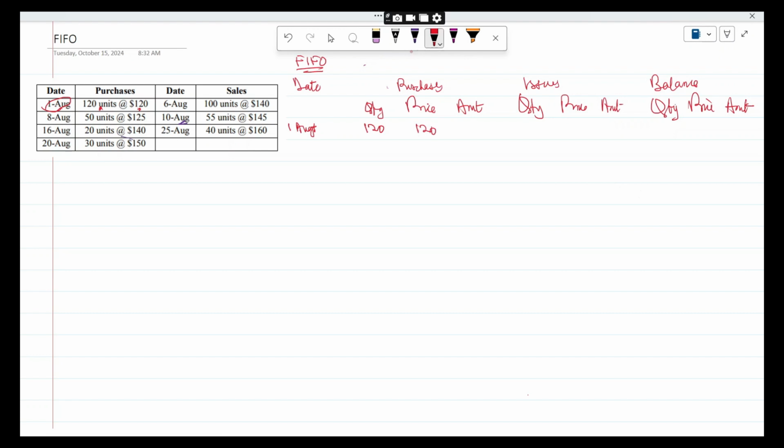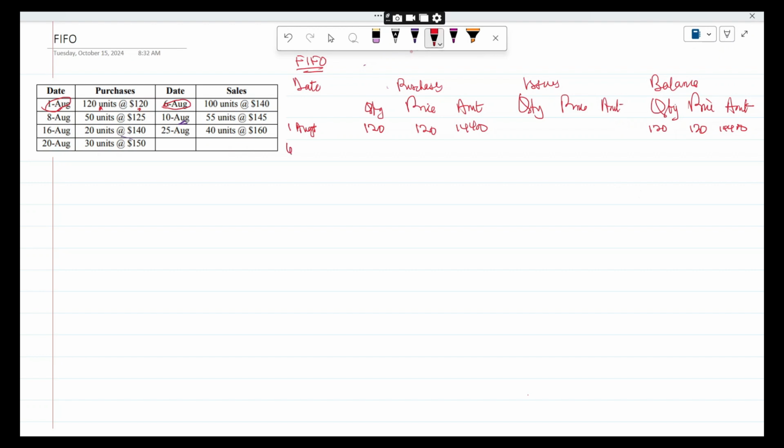So 120 times 120 will give us 14,400. So we transfer this one to the balance section, which is 120, 120, 14,400. Then on the 6th of August, we made sales of 100.